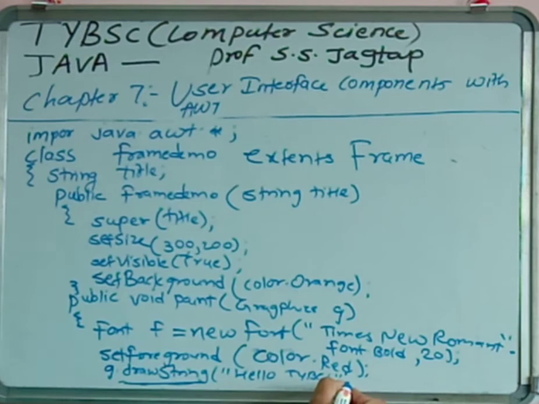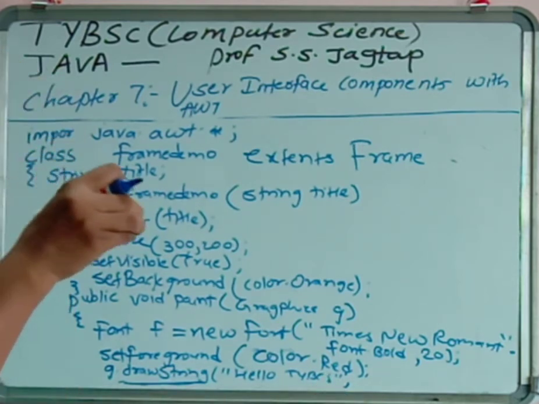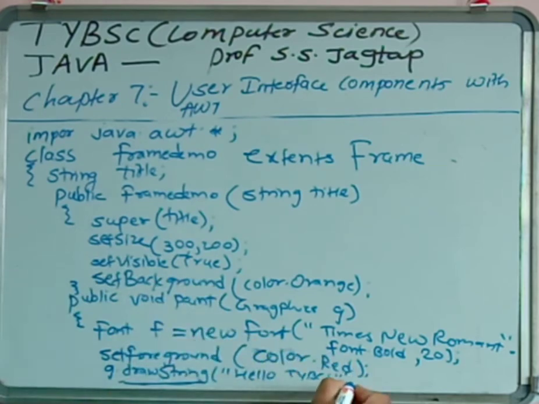I also give the position where that string will be put in the frame, for example 100, 200, the coordinates x and y. And afterwards I will close the paint method.